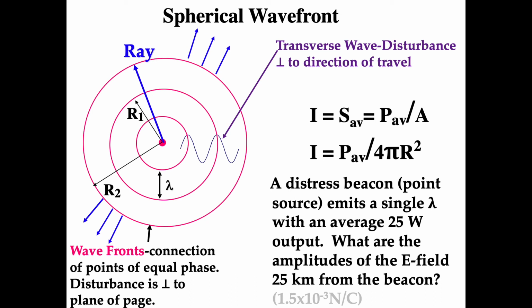The pink circles represent the peaks in the waves, how they travel outward. So you can describe a wave in terms of a wavefront, or in terms of a ray. Now, as you get further and further away, what do the wavefronts look like? As the radius gets bigger and you're looking at a small piece of that sphere, the wavefront is going to look like a plane wave.